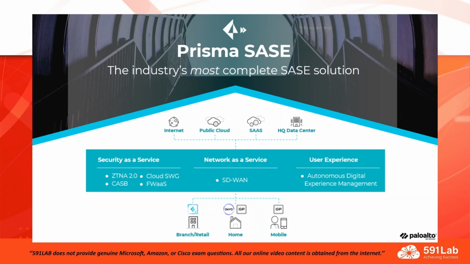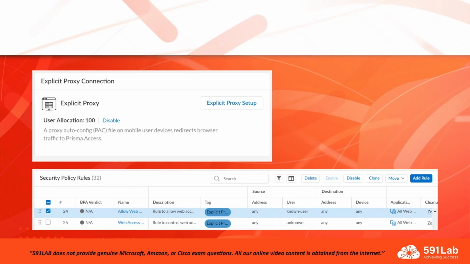An explicit proxy can be configured for users without the need to install a client agent on the endpoint or laptop, and the user still will be configured to direct the traffic into the Prisma SASE solution.